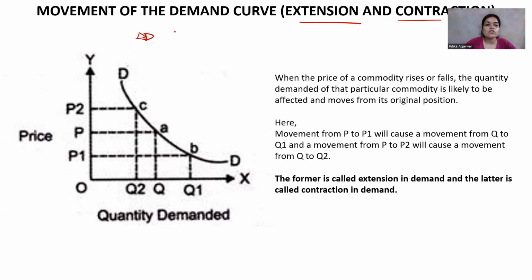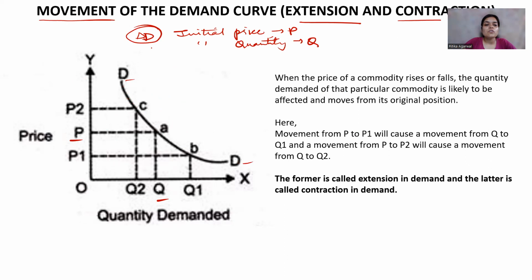Now we'll consider the initial price as P, and the initial quantity as Q. Now suppose we figure out what is extension and what is contraction and how we actually move on the demand curve. Now what does movement mean? Movement means that there is a change in the point on only one demand curve, that is DD here.